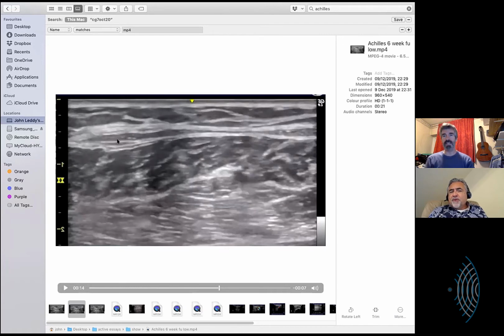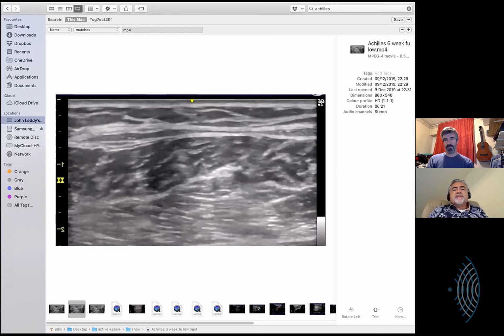Yep, that is plantaris there. Let me ask you one more thing. The darkness above the plantaris tendon, is that contractile fascicles or fluid-filled fibers? No, this is just normal fascia. So this is normal fibrous tissue.